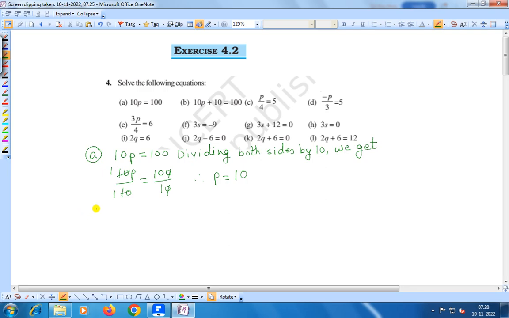Now B part is 10p plus 10 is equal to 100. Subtracting 10 from both sides.